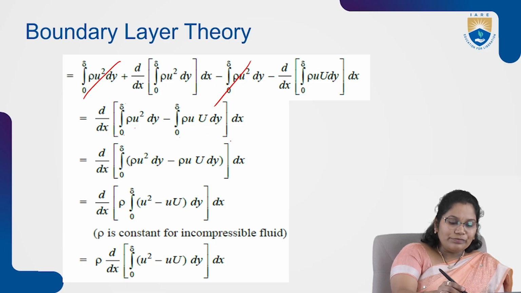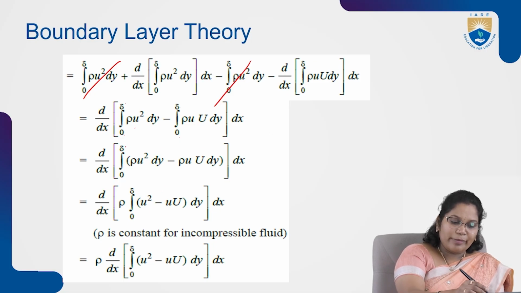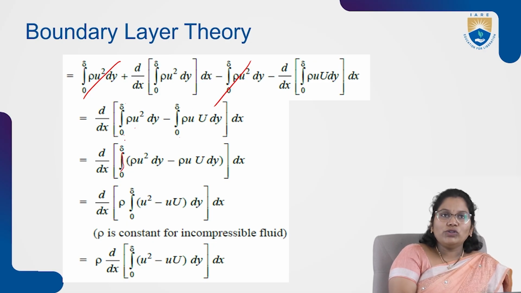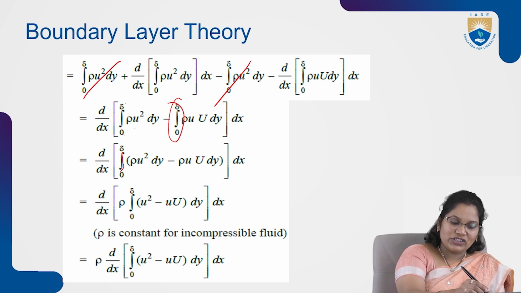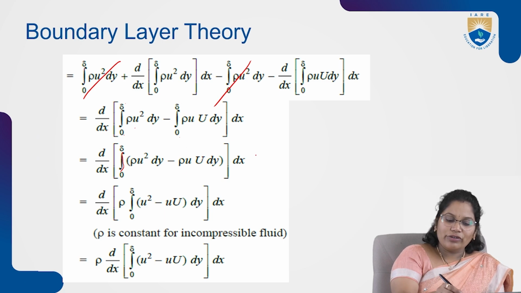So what are the common things we are taking out here? d by dx, first integration is taken common: integration of 0 to delta rho u square into dy minus rho u capital U into dy, this integration is taken out first, into dx.